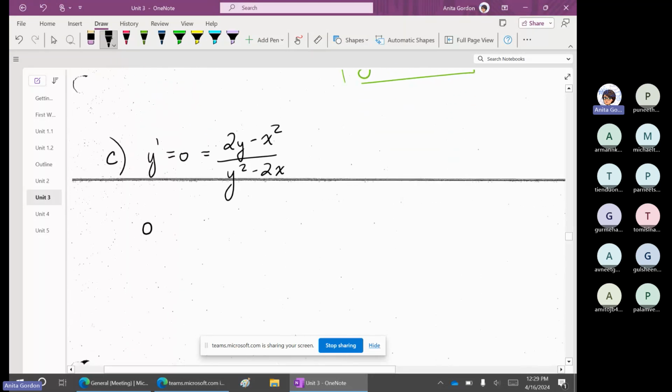So I can simplify this to 0 equals 2y minus x squared. What do you suggest I do next? Isolate y? Okay. If I isolate y, what would I get? y equals x squared over 2. Good.